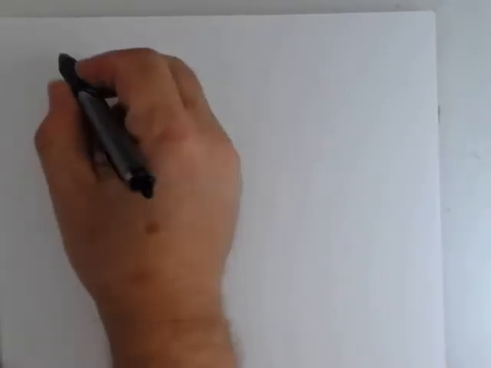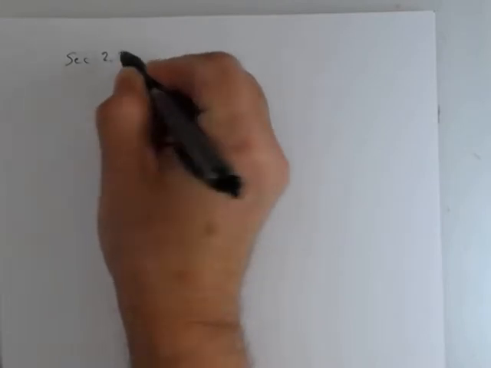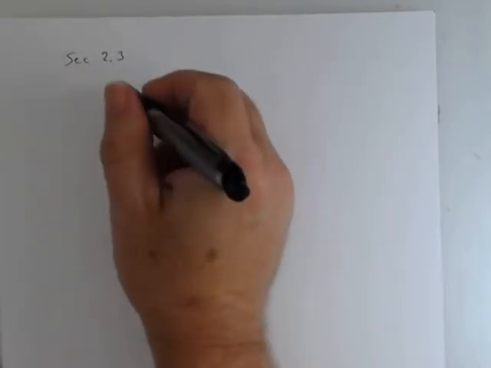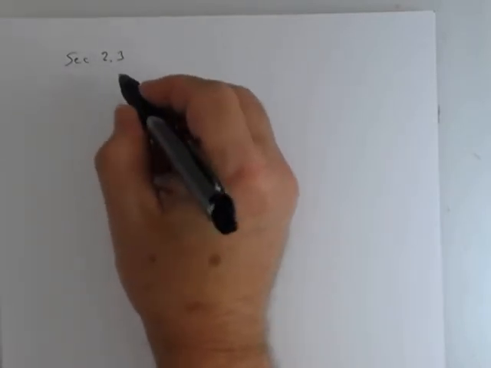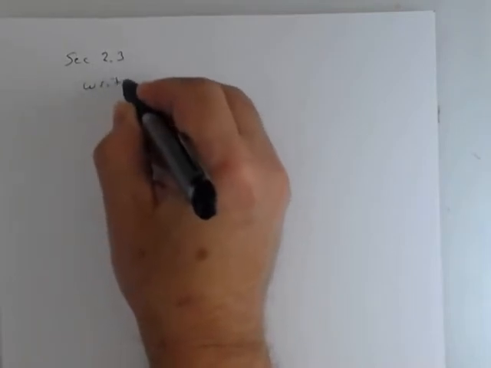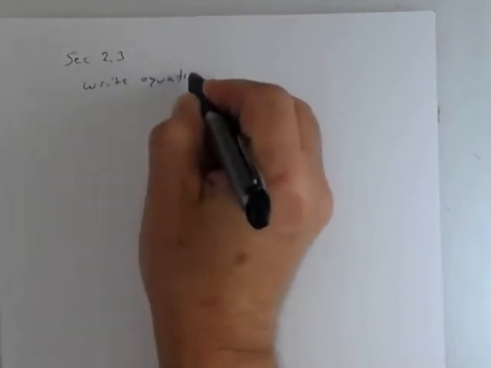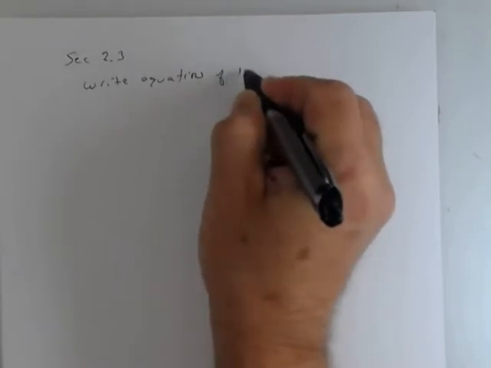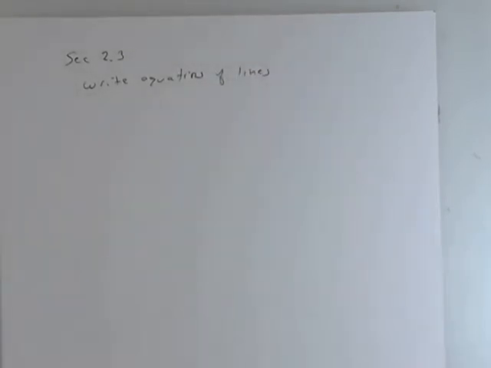All right, so this is still section 2.3. And this time we're going to write equations of lines. Now here's the idea. You remember when we graphed, and I'm going to go ahead and show you.